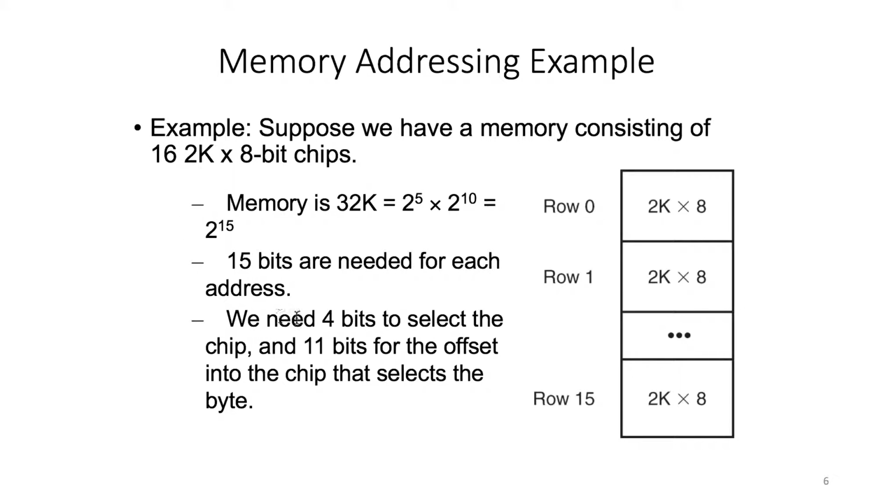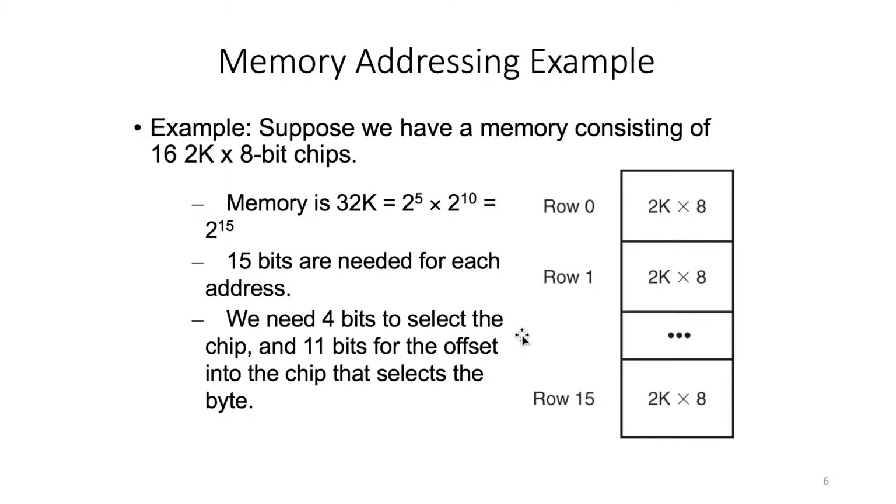So the number of bits to represent the RAM chip number is going to be 4 bits, because 2 to the power 4 equals 16. So we have 11 remaining bits for representing the offset within a RAM chip. Okay, so the total number of bits is still 15.